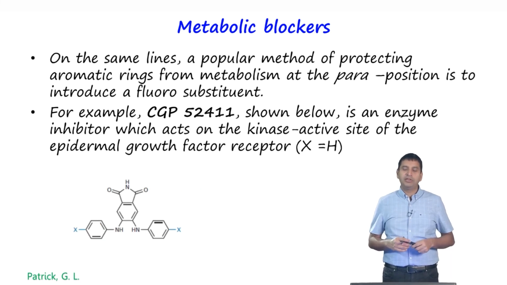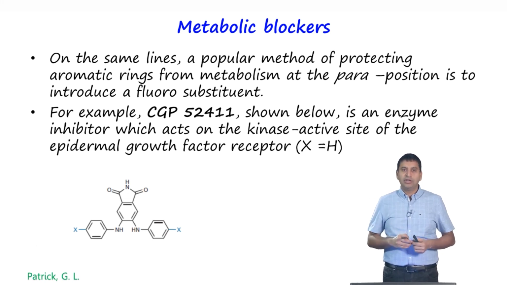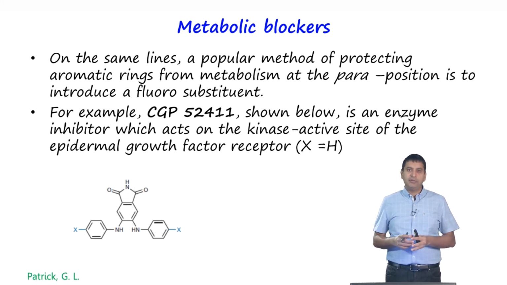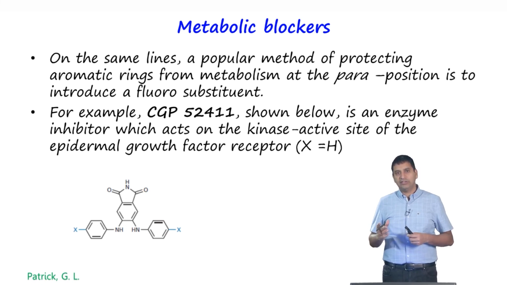On the same lines, a popular method of protecting aromatic rings from metabolism at the para position is to introduce a fluoro substituent. In our previous ADME discussions, we have seen that aromatic rings with a substituent on them are particularly prone to oxidation at the para position. So, we can introduce a substituent in the para position to prevent this from happening. The example here is CGP52411, which is an enzyme inhibitor and acts on the kinase active site of the epidermal growth factor receptor.